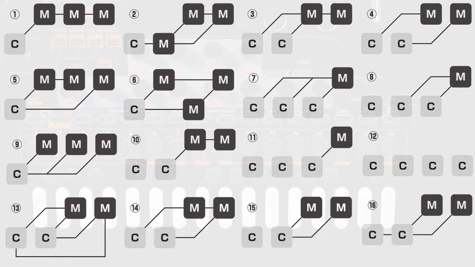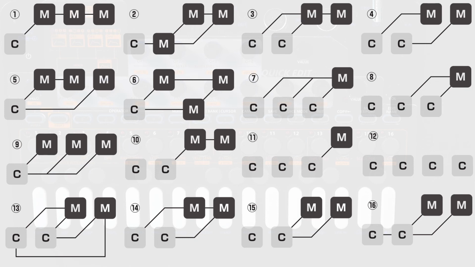So looking at one of these algorithms, let's take one as an example. Algorithm number 3 on the top row, third across. Why might we choose that? Well, when an operator is modulated by another operator, we've heard that it introduces more harmonic content. When that modulator itself is modulated, that can produce even more harmonic content.